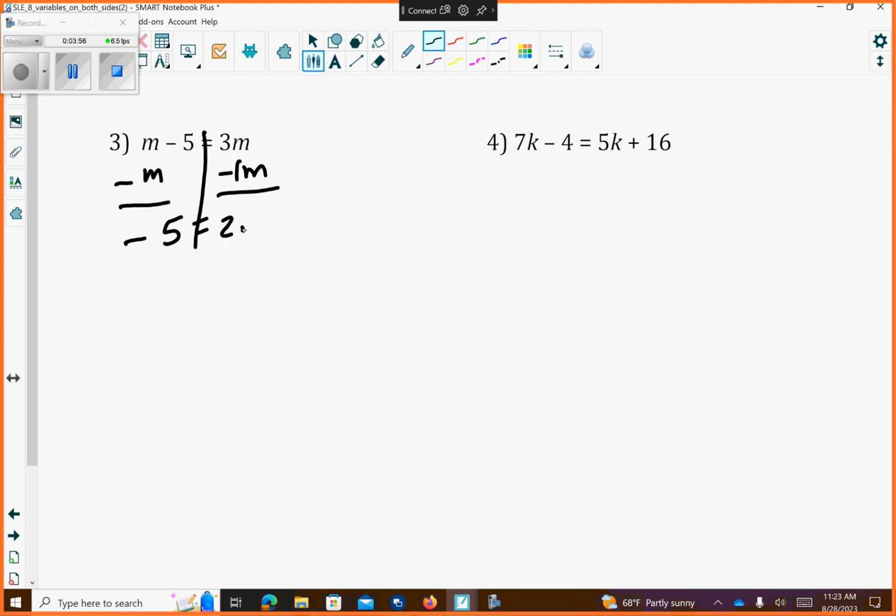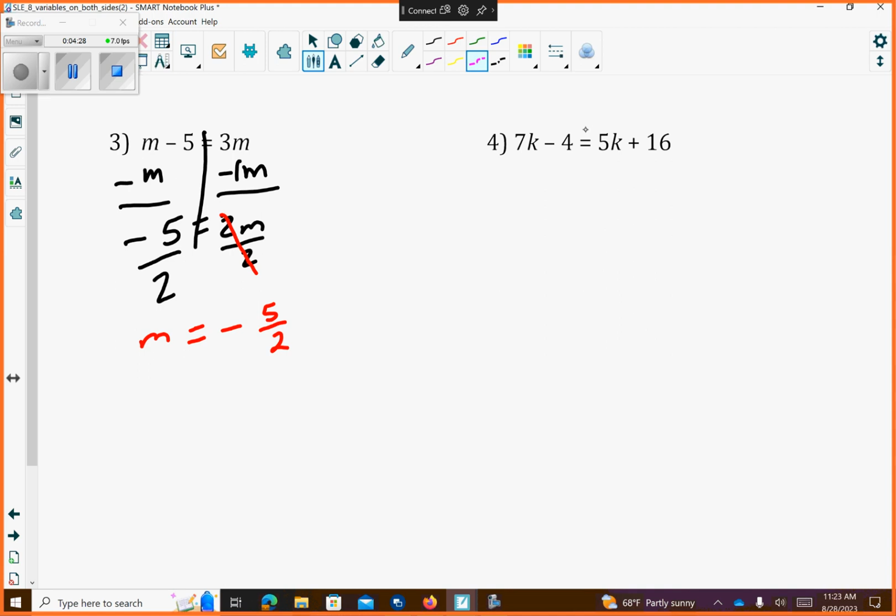The 2's cancel each other out. So m equals negative 5 over 2. And some of you might have m equals negative 2.5. That's also fine.